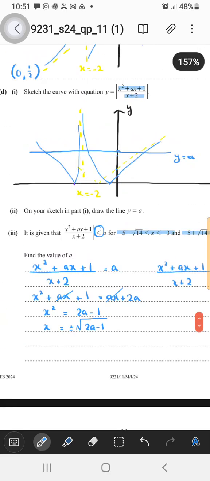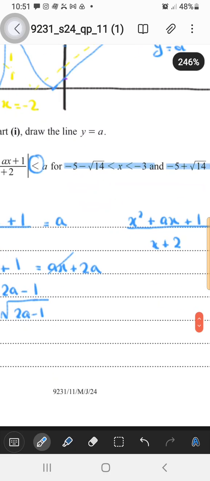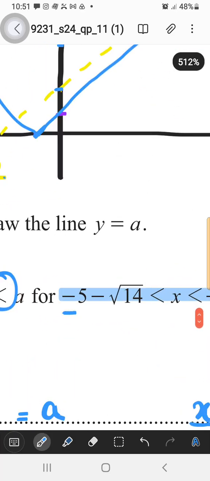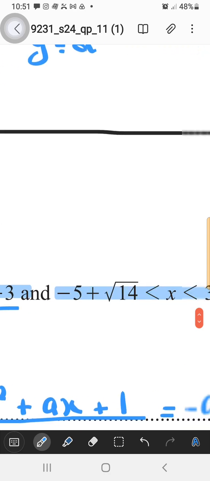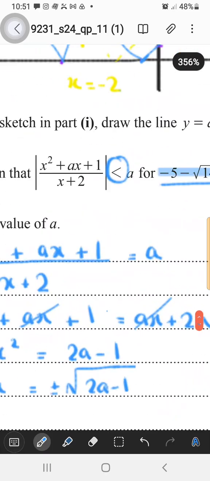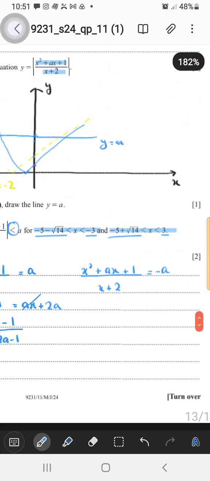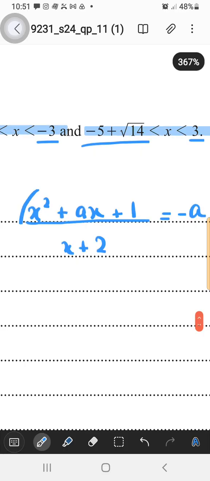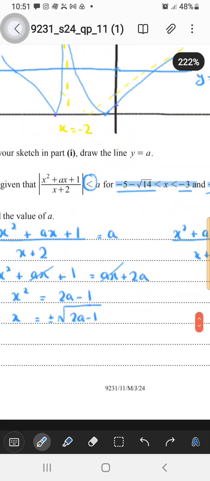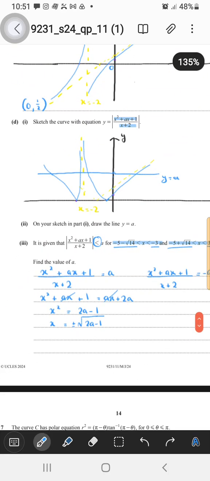Plus minus shows us that there are two positive and two negative roots, and from this we got one positive and one negative. The other positive and negative will come from solving the other equation, but currently I don't prefer to solve it because we are getting a by solving just the left side. Okay, we got x equal to plus minus under root 2a minus 1.